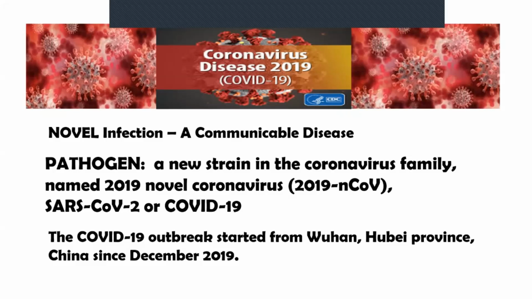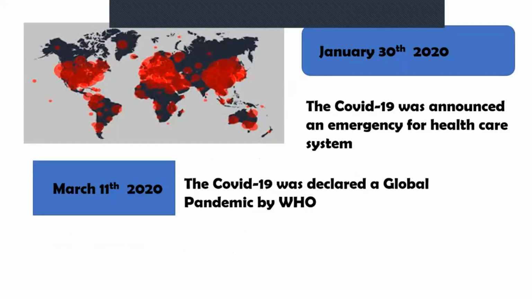The COVID-19 outbreak started from the city of Wuhan, Hubei province of China in December 2019. Right now it is just like a global crisis.